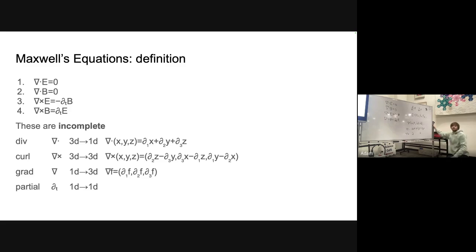The z component involves derivatives that aren't z. So the first component will be derivative in y, derivative in z. The next component will be derivative in z and x, the ones not involving y. And the last component will be the ones not involving z, i.e. x and y.